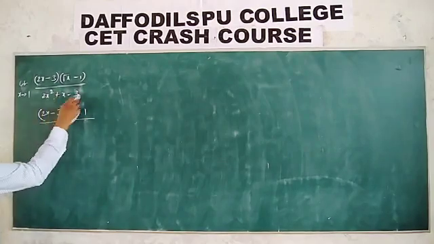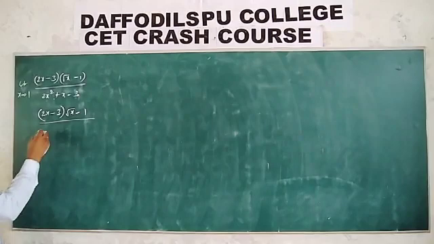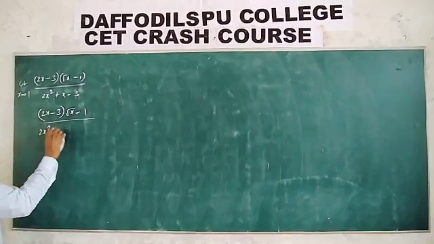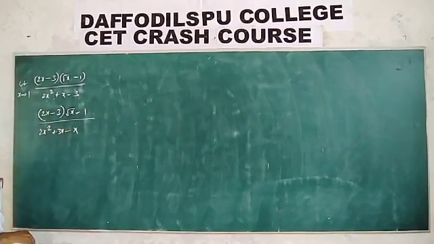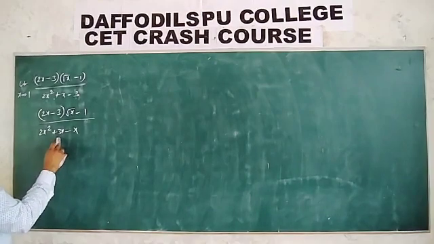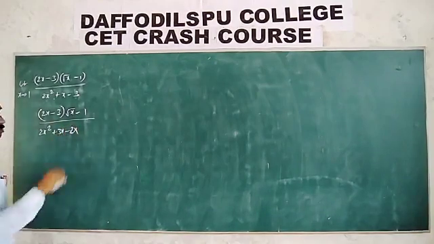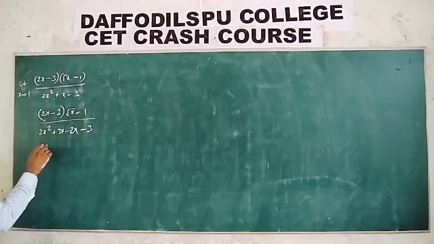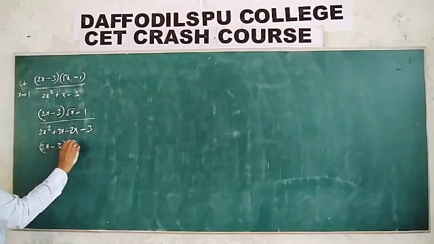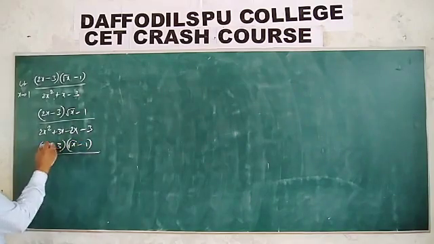Factors. What are the factors? 2x square plus 3x minus x, okay, not 2 minus 2 minus 3, 2x minus 3 root x minus 1.